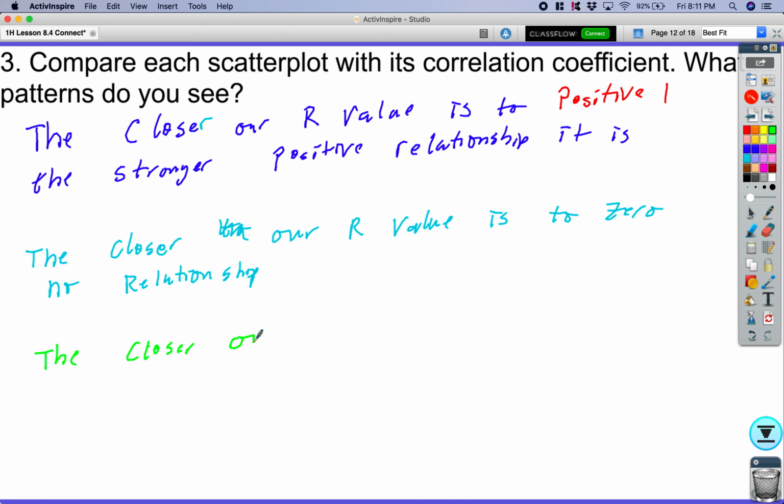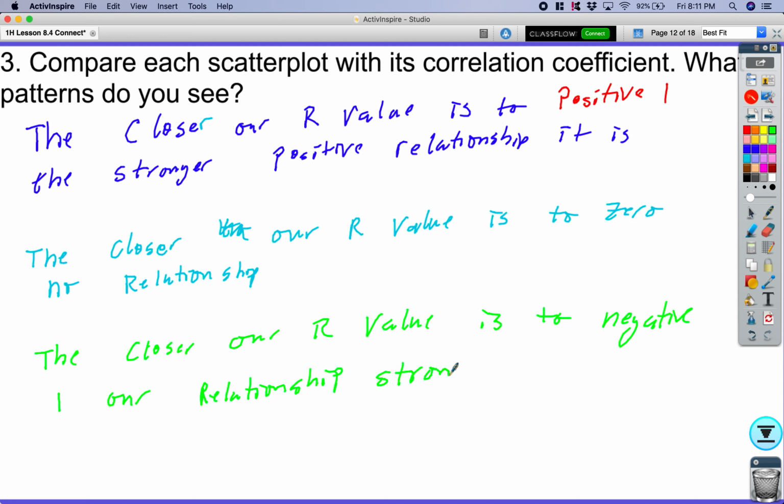The closer our R value is to negative 1, our relationship is stronger. So the closer our R value is to positive 1, the stronger positive relationship it is. The closer our R value is to 0, it has no relationship. And the closer our R value is to -1, our relationship is stronger as well.